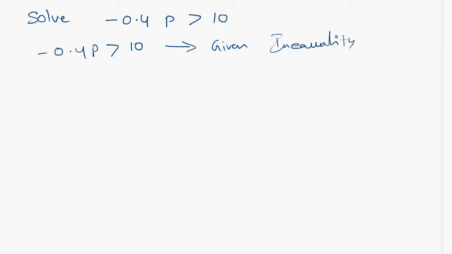Now dividing on either side with negative 0.4. Remember, we are dividing on either side with negative 0.4. If we are multiplying with a negative number or dividing with a negative number, the inequality would reverse. So we have to keep that in mind.